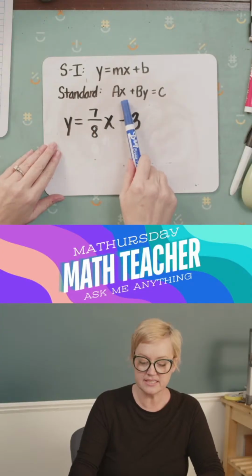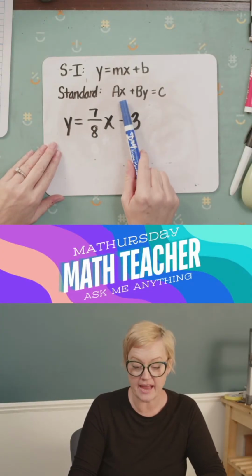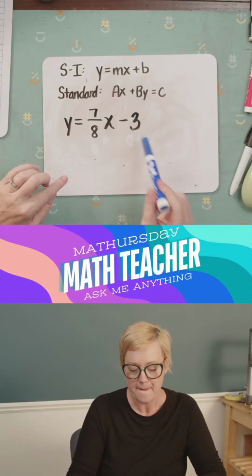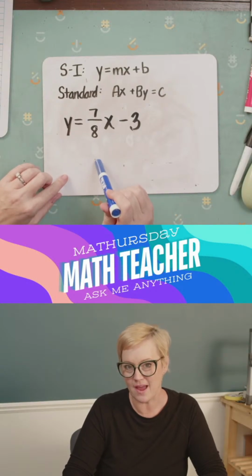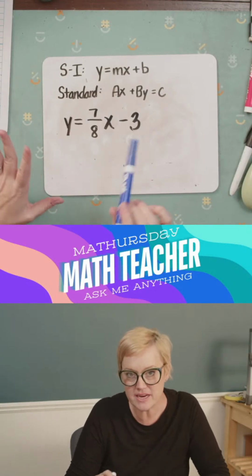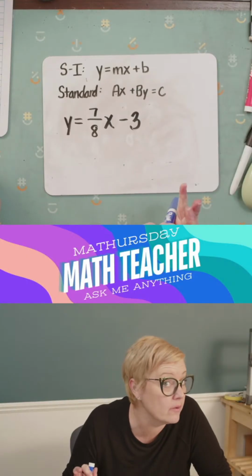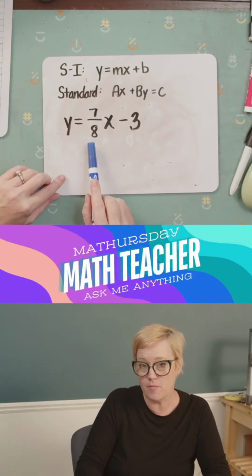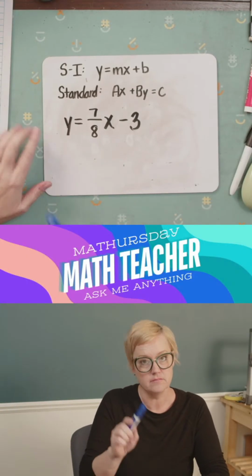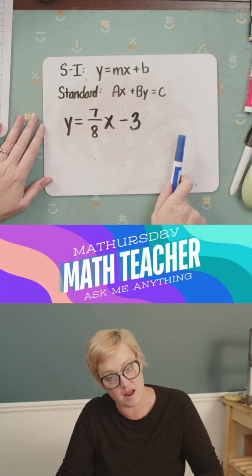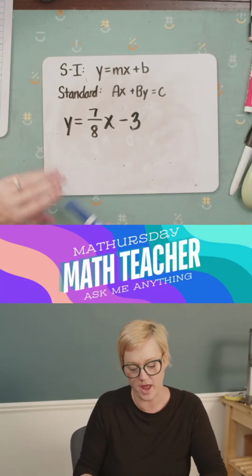To get it into standard form, I first need to get x and y on the same side. But I also know I need to get rid of that fraction. Anytime you want to get rid of a fraction, multiply everything by the denominator, and that fraction goes away.